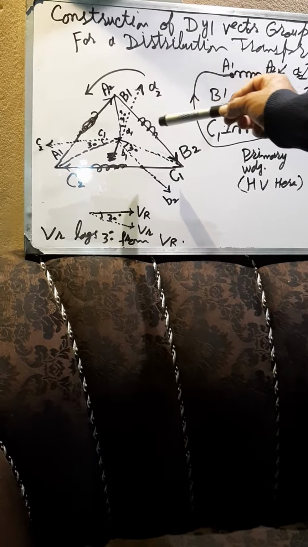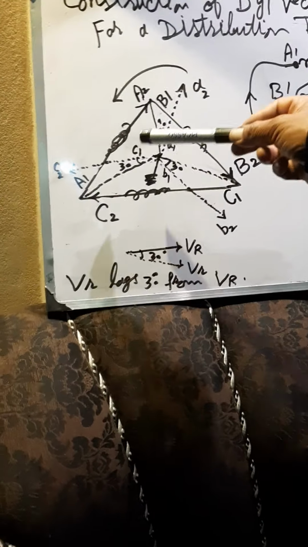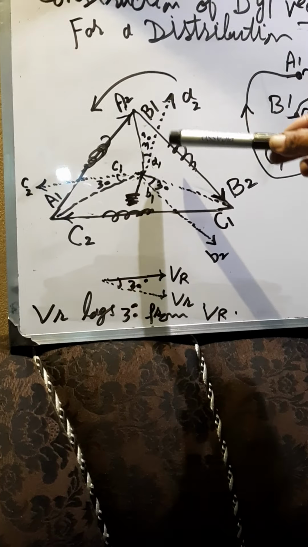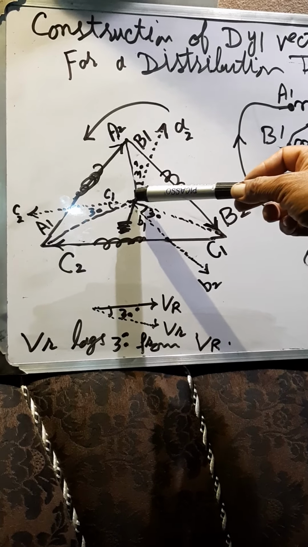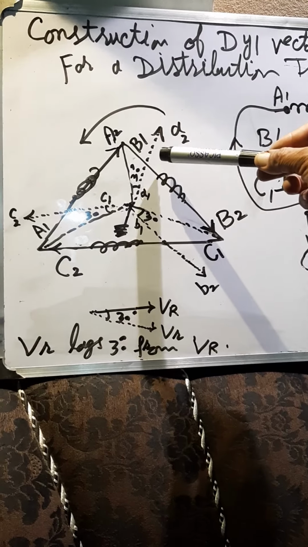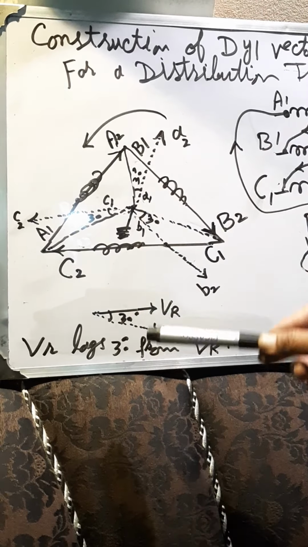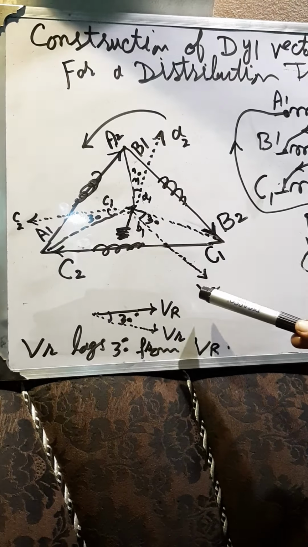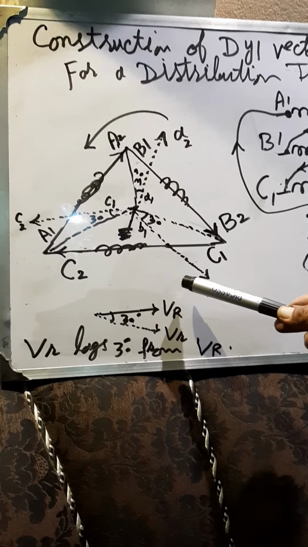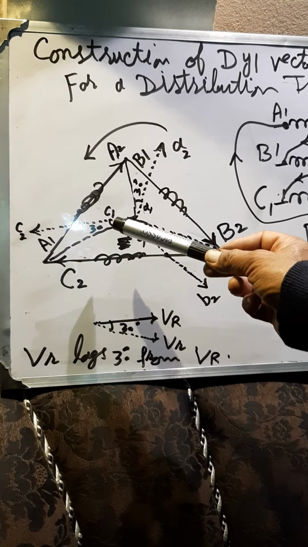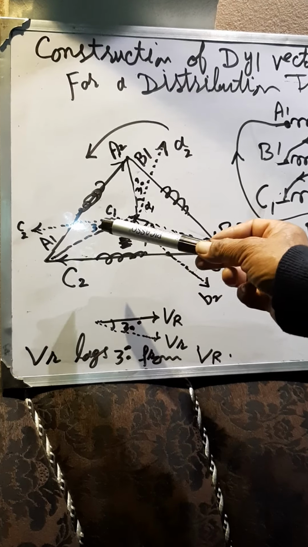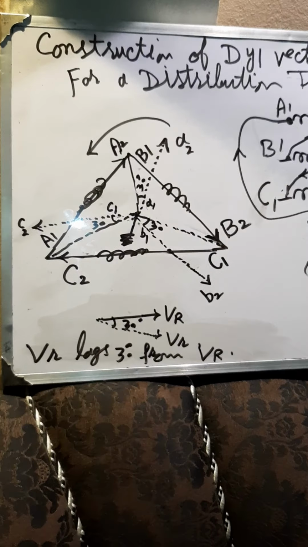The winding vector of primary is shown here, and you can see small a1, small a2, this is the red vector of secondary. Similarly, small b1, small b2 is the secondary vector of yellow phase, and c1, c2 is the secondary vector of blue phase.